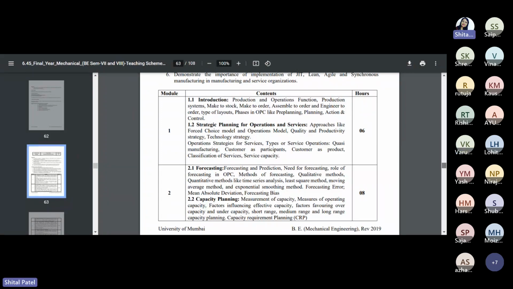Okay. The next one is, in terms of short notes, this can be asked as process choice model or otherwise operation models.